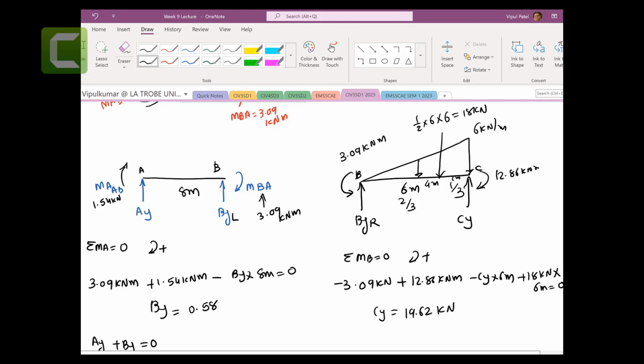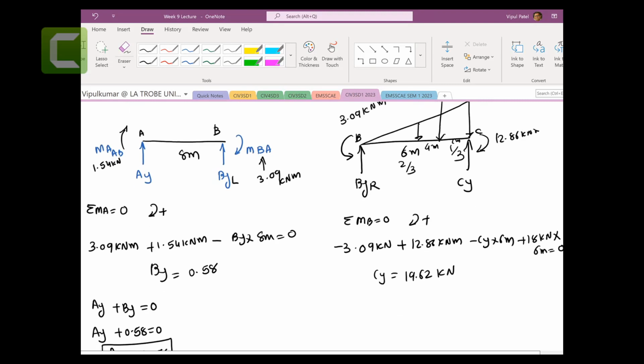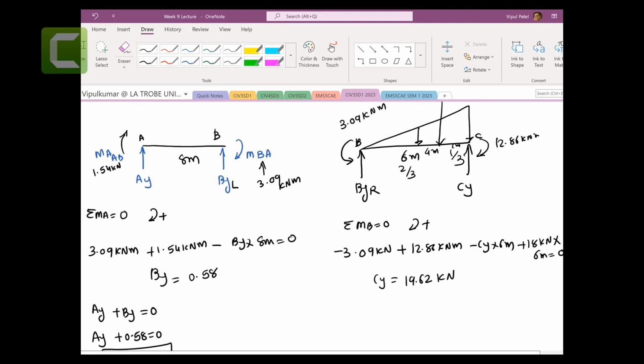It's right there. I think something is not matching, but anyway, that's all good. So 3.09, plus 12.86, then plus 18 times 6, 117. That goes across, divide by 6, gives you 19.62.